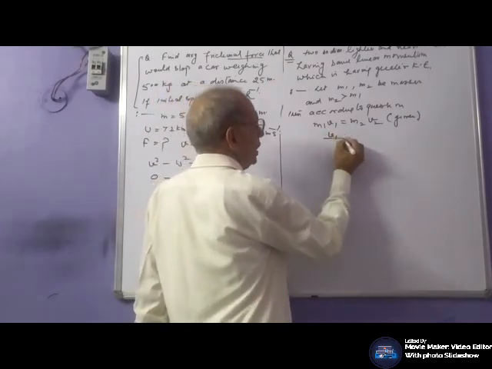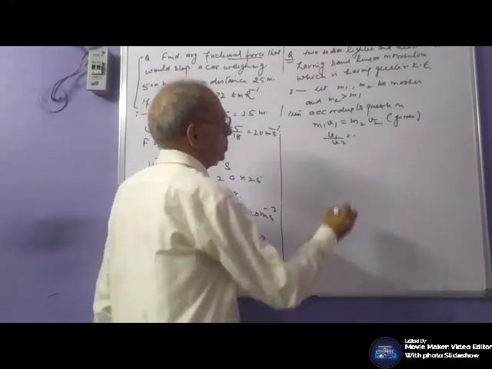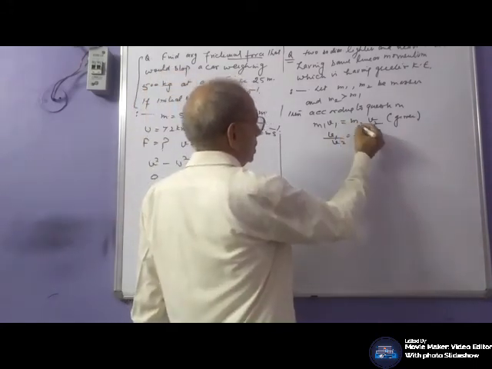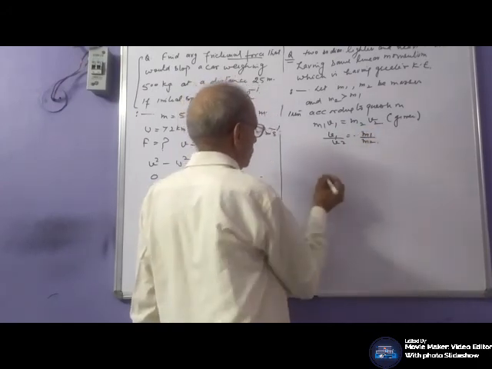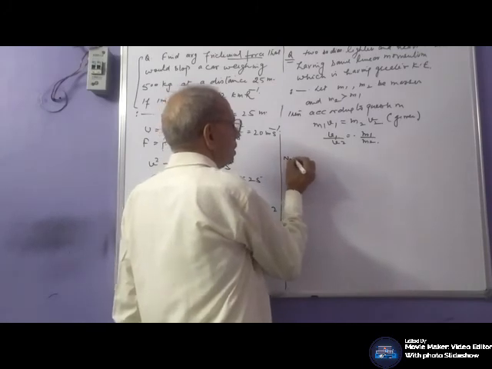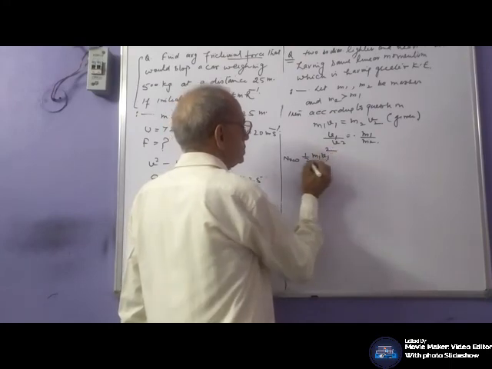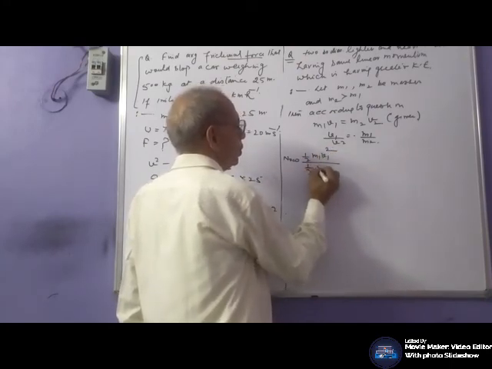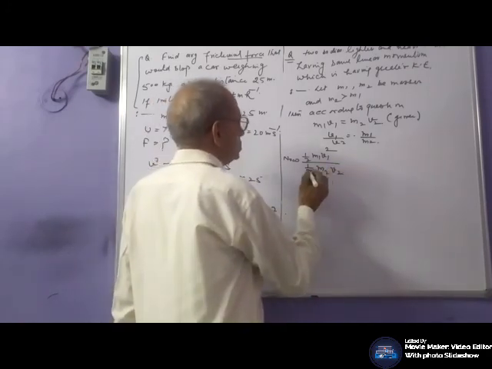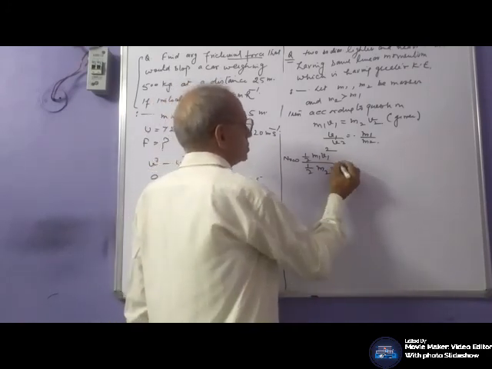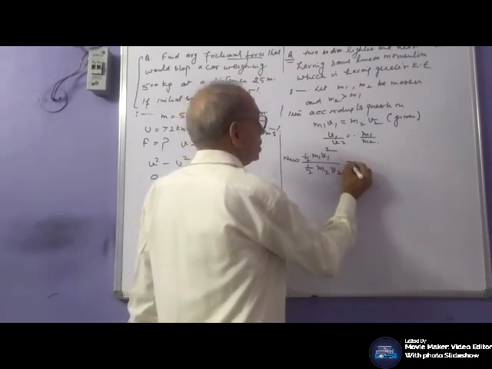This V1 by V2 comes out to be what? M2 by M1. Now, the ratio of kinetic energies is what?